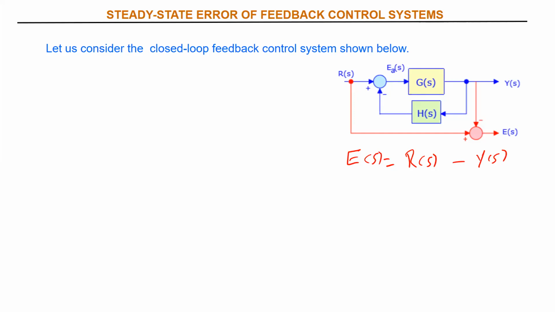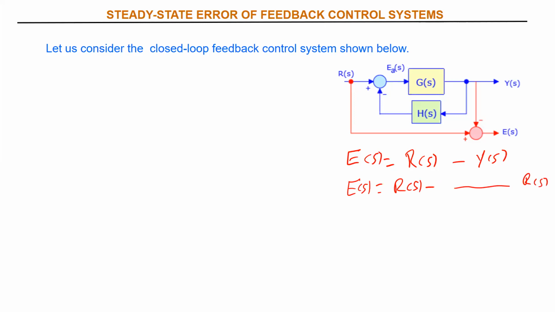Now, let me put this steady state error in terms of the input. E steady state equals R of S minus Y of S, and what's Y of S in terms of R of S?